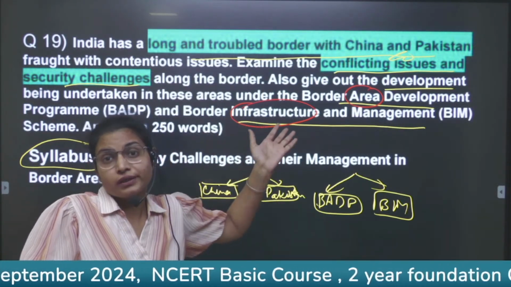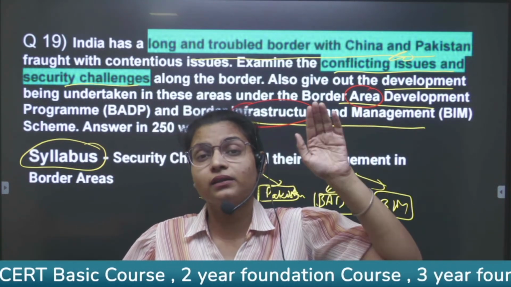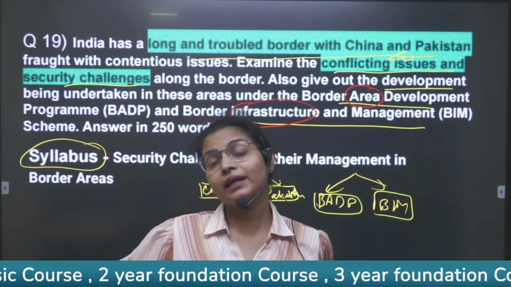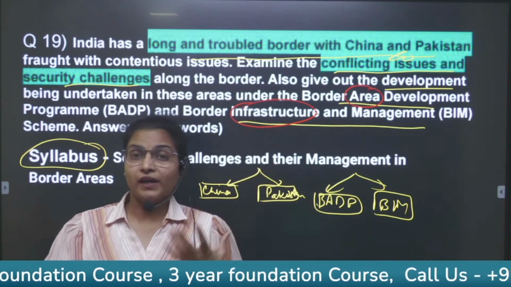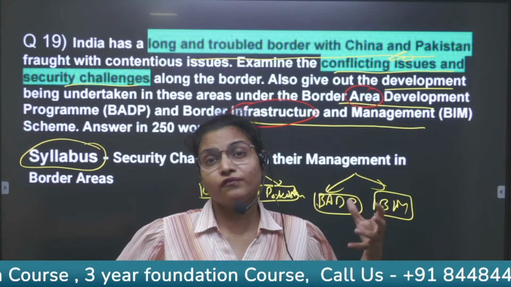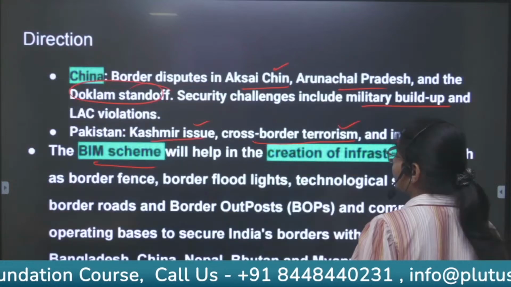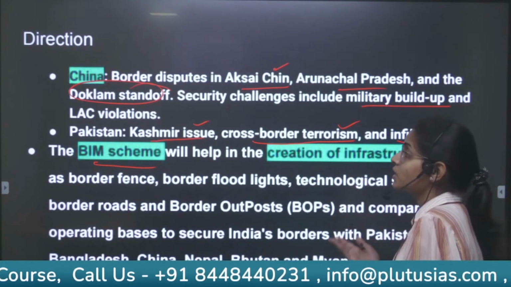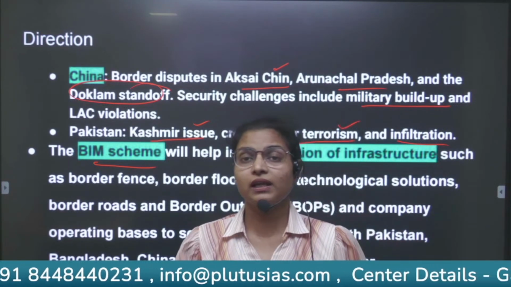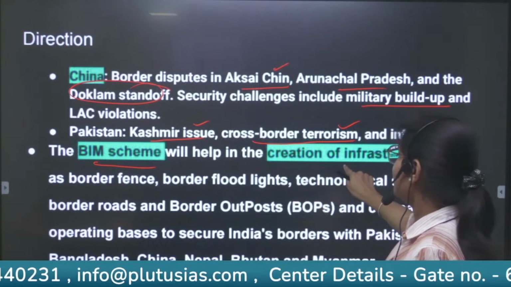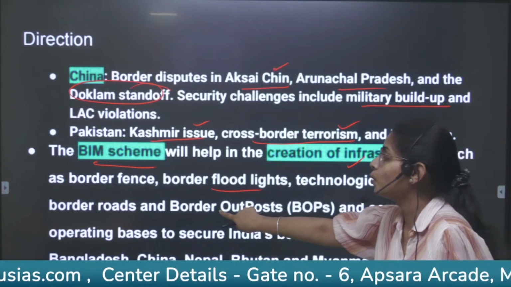And for infrastructure, if you know about any infrastructure that has recently been built at the India-China or India-Pakistan border, then do mention that. For example, if any dam or any kind of infrastructure was in the news, do mention that. And at least you can write about the Bolt QIT, which was in the news, that is used for technology in border surveillance. And the border infrastructure scheme is focusing on the creation of infrastructure, border floodlights, border outposts.